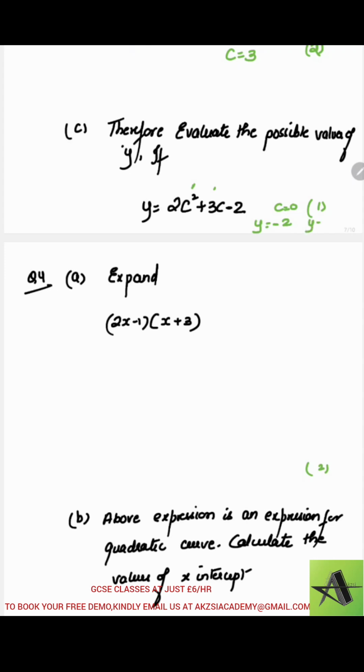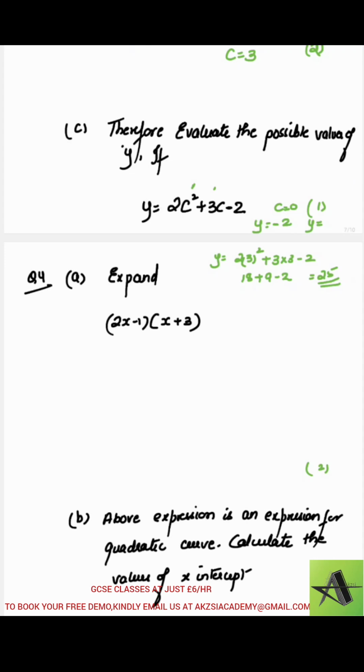And when c equals 3, y equals 2 times 3 squared plus 3 into 3 minus 2. That means 18 plus 9 minus 2, which finally gives 25. So these are the two possible values of y: one is minus 2 and the second is 25.